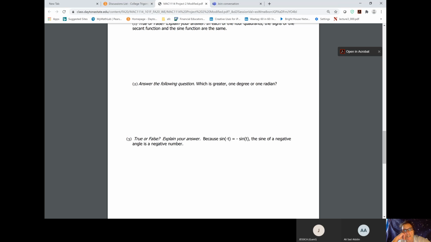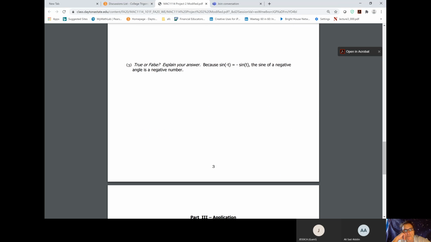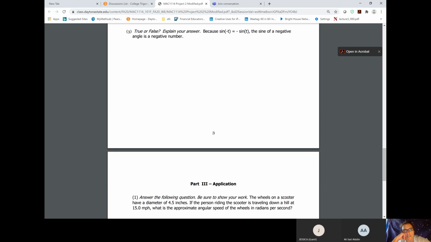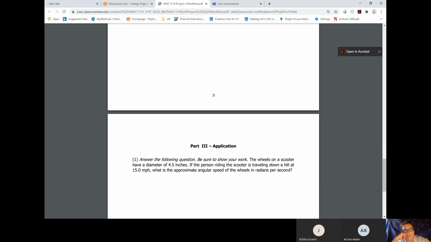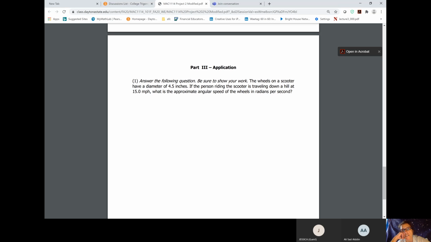And which one is greater, 1 degree or 1 radian? And here's another true-false question. So that is part 2. And part 3 is an application where you have to find the angular speed in radians per second.